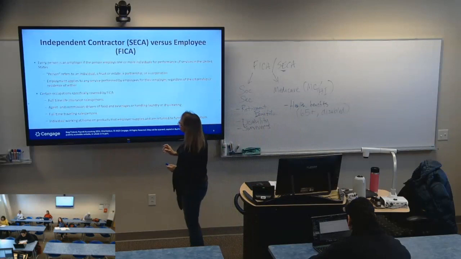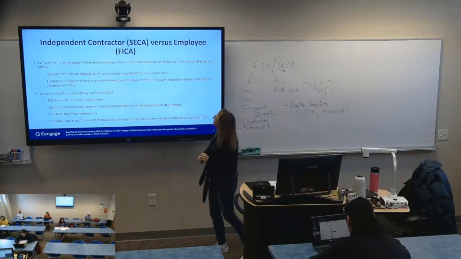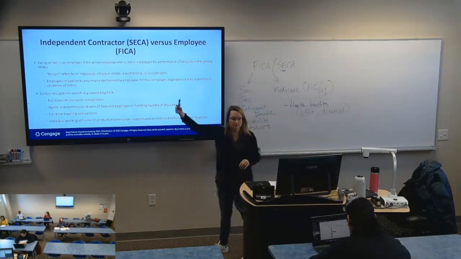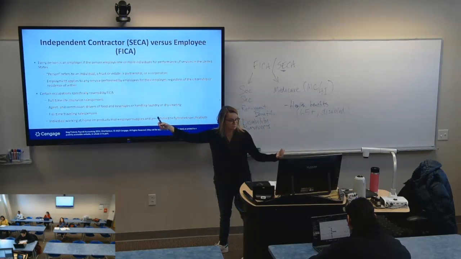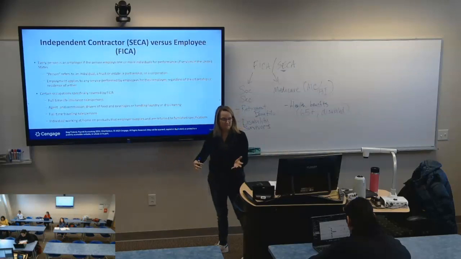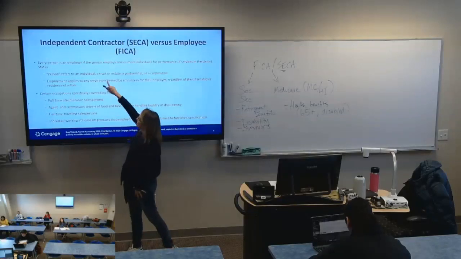So who is considered to be an employee? Individual, even a trust or an estate. So if an individual is an employee of another individual, so I'm an employee and I work for somebody who owns their own business, that's still considered to be employment and is subject to FICA taxes.